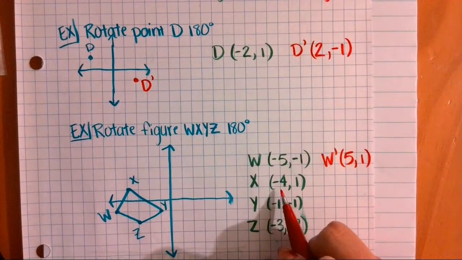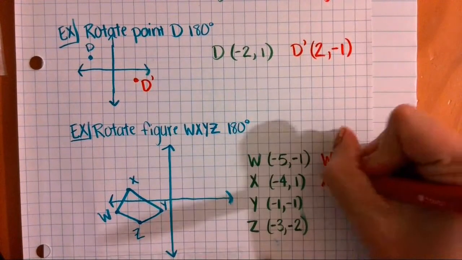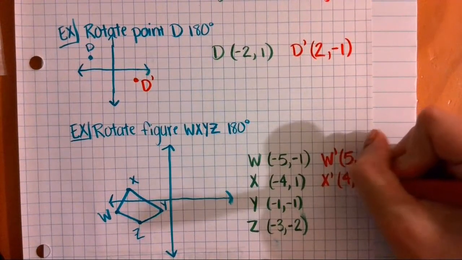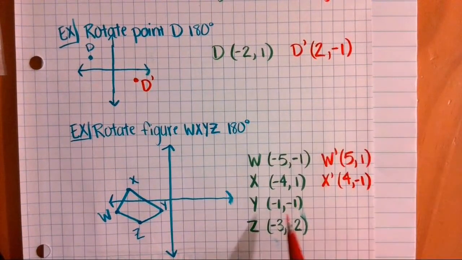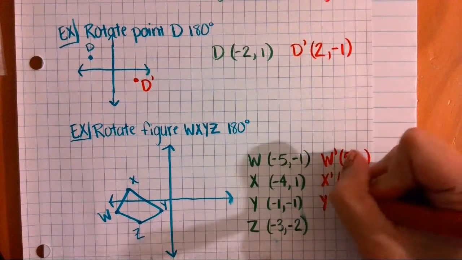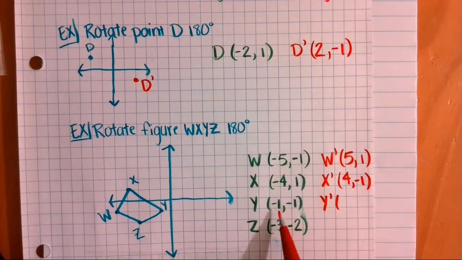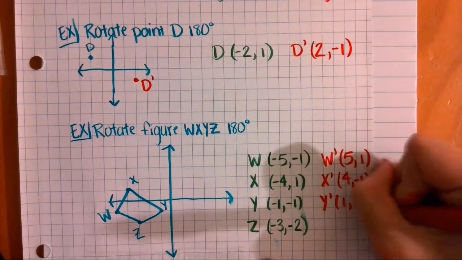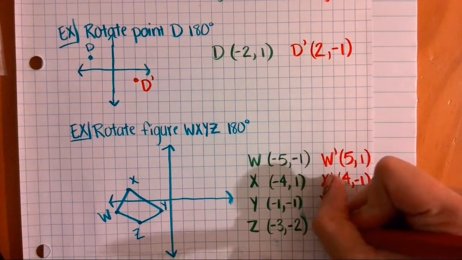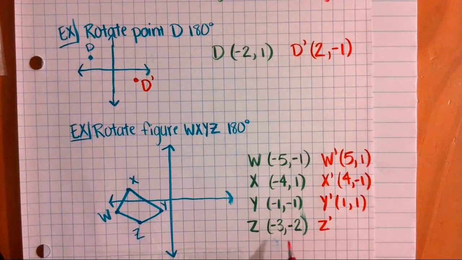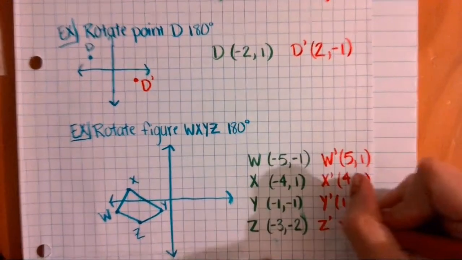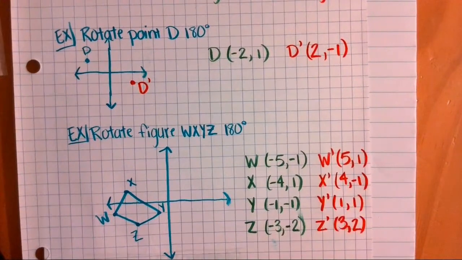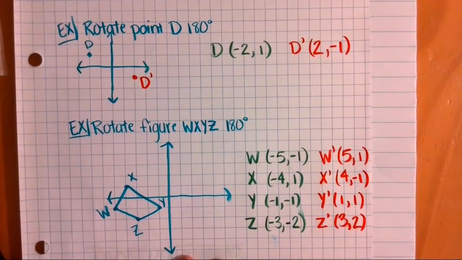X prime will be positive 4 and negative 1. And then Y, they're negative 1, negative 1, so it becomes positive 1, positive 1. And finally, Z prime, we have negative 3, negative 2, so they're both going to be positive. So 3, 2.